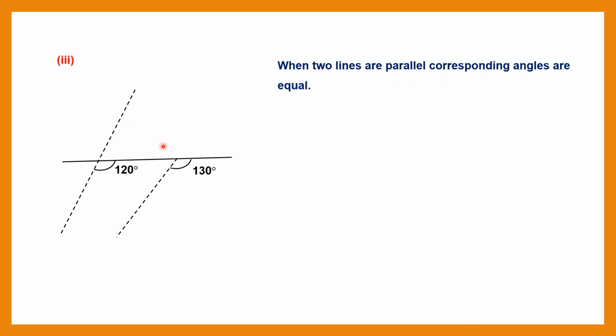So if these two lines are parallel, that means these two corresponding angles should be equal. But as you can see, one is 120 degrees and the other is 130 degrees. So 120 degrees is not equal to 130 degrees. That means these two lines, the given pair of dotted lines is not parallel. This pair of lines is not parallel.